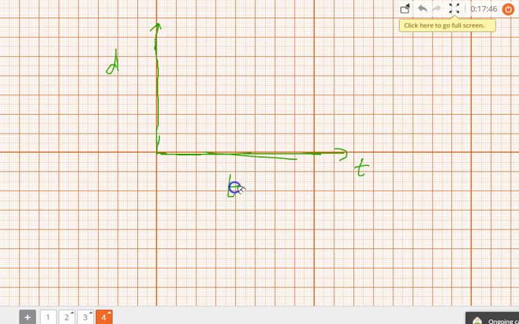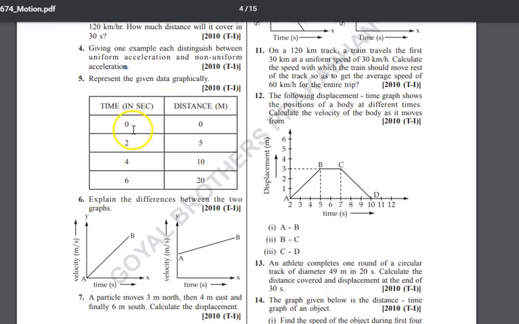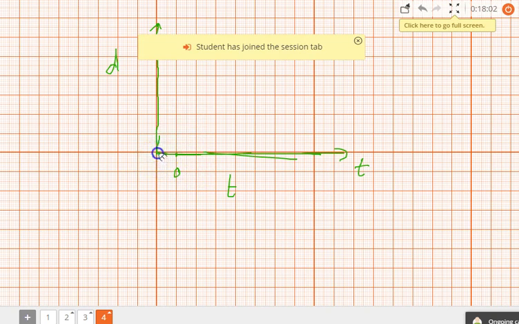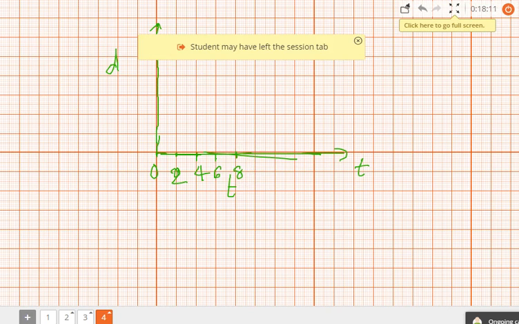This is time. Now, what are the values they gave? On time, 0, 2, 4, 6, 8, equal numbers they give. Mention here, this is 0. This is 2. This point is 4. This point is 6. This point is 8.